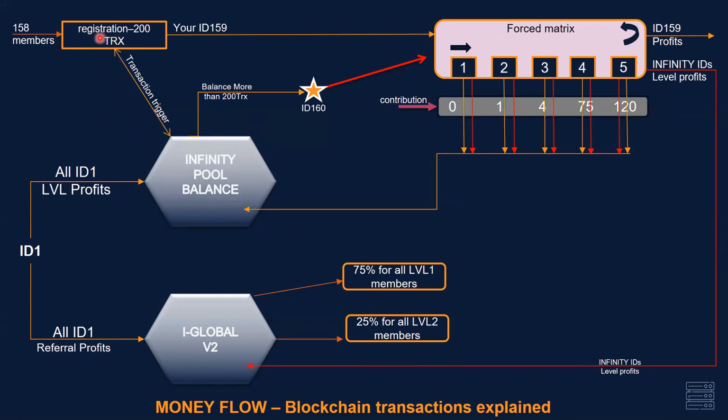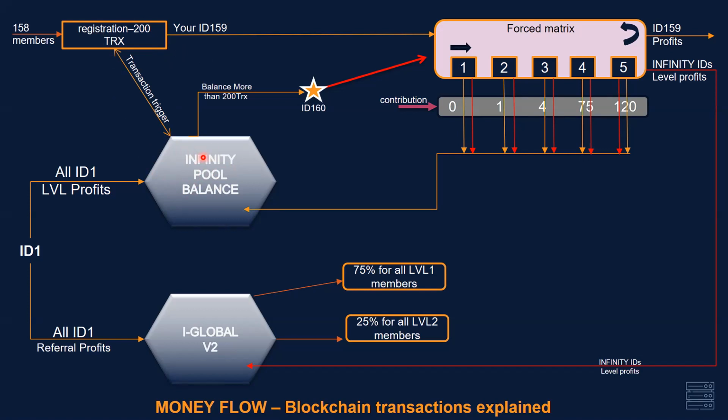Okay, so now let's go back to these transactions that occur whenever I click to register. We know the registration of one ID requires 200 trons. Let's see, if the infinity pool balance has no money, can this transaction trigger anything? Definitely not, because there is no money here, so that transaction trigger will be ignored at that moment.